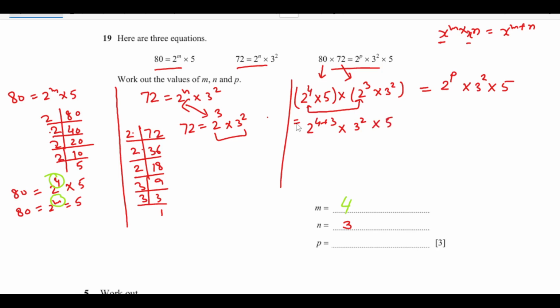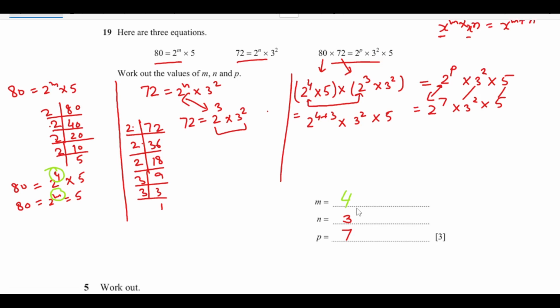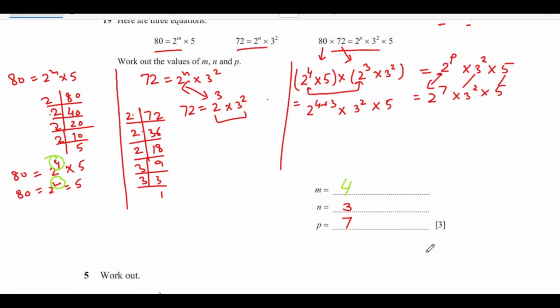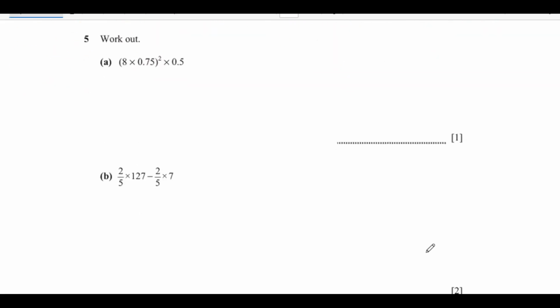So this is equal to 2 power 7, 3 squared into 5. You see, these two are equal here. So when we compare this one, p is equal to 7. So value of p is 7. This is a 3 marks question, so be careful while doing this.